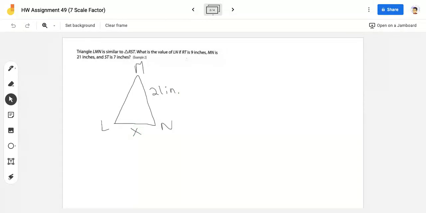Let's also draw out our other triangle, RST. Notice, if they say triangle LMN and RST, then since L and R are the first ones stated, they should both go in the same position, followed by whichever ones are next.